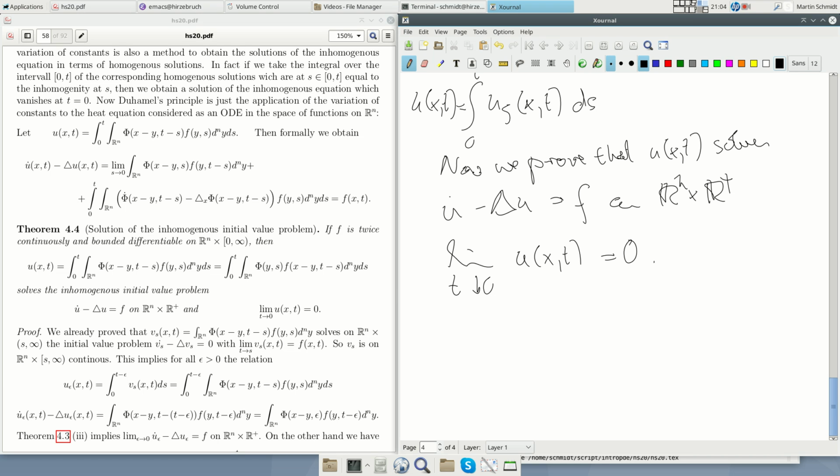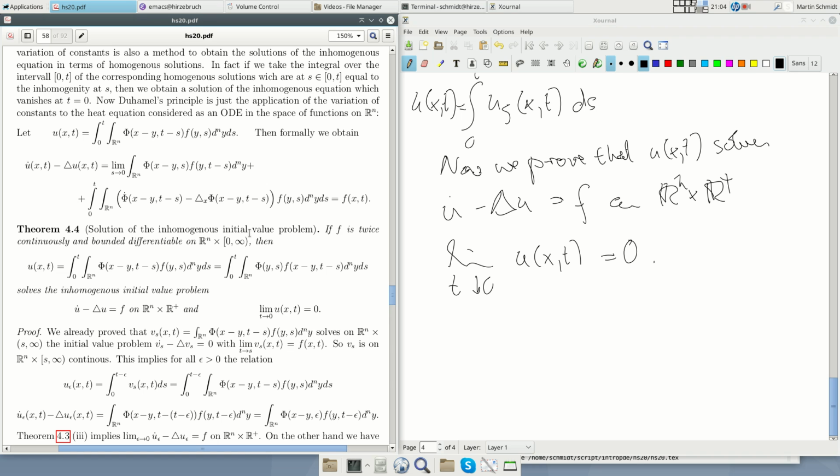This we prove. This is the content of this theory. This is called Duhamel's principle, and this is completely analogous to what we had in the ODE situation.